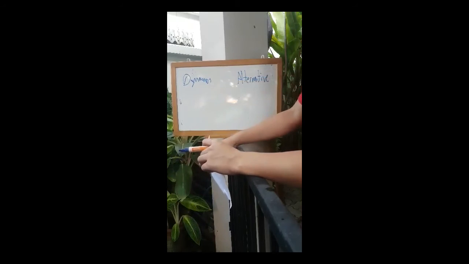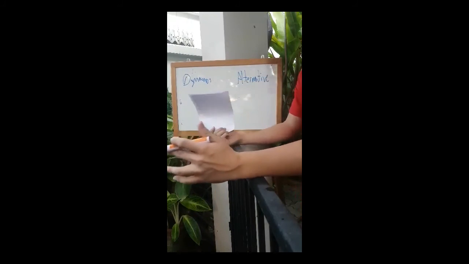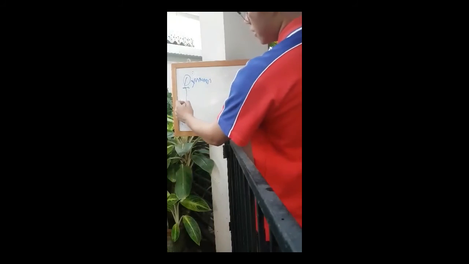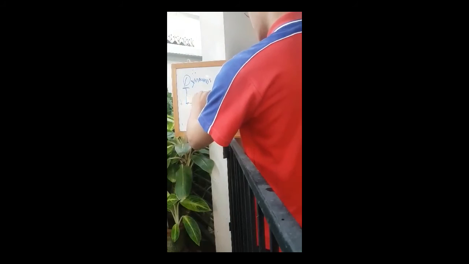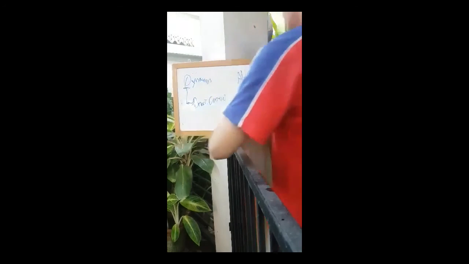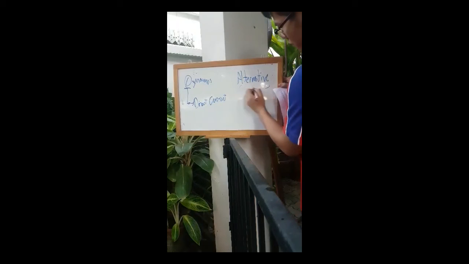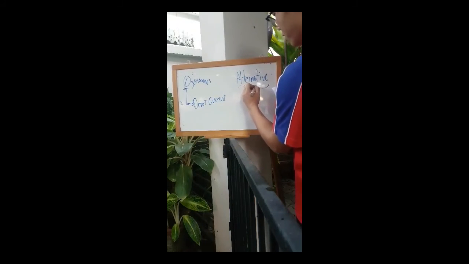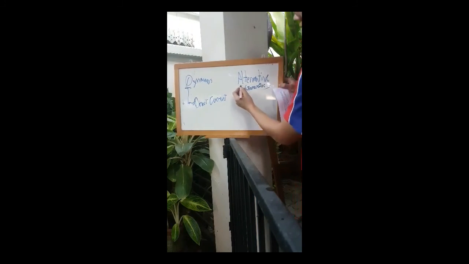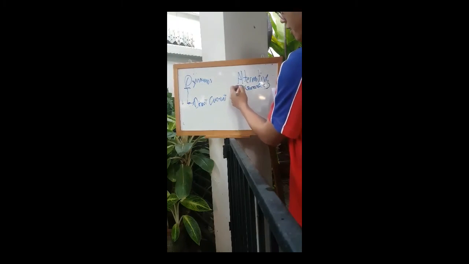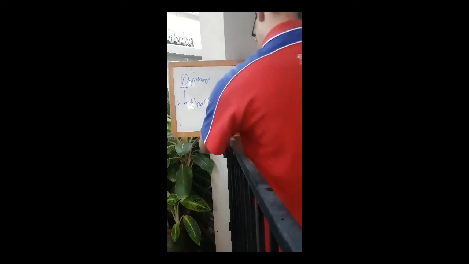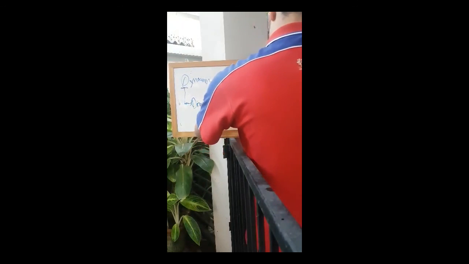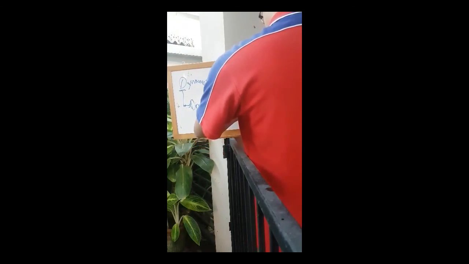But dynamos create direct current, which is DC. Alternators, or alternating current generators, create alternating current, AC.